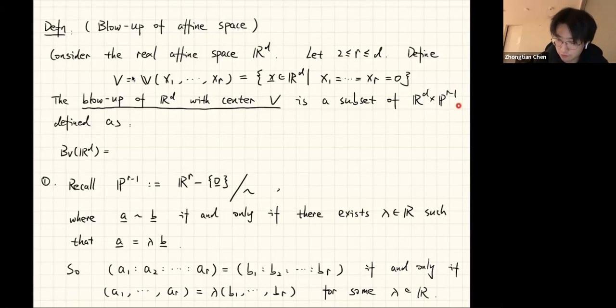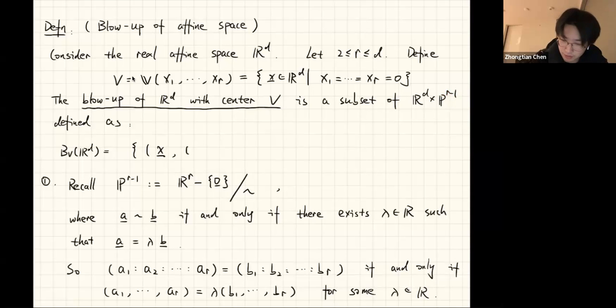First of all, it's a subset of this product space, the product of Rd and P^(r-1). I will tell you what this space is later. First, let's write down the definition. Because this is a product space, points there will consist of tuples. The first coordinate will be a point in Rd, and the second coordinate will be a point in this projective space.